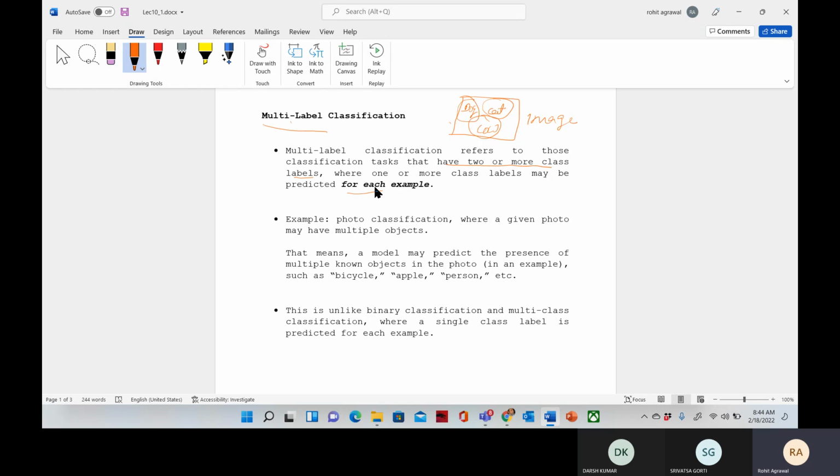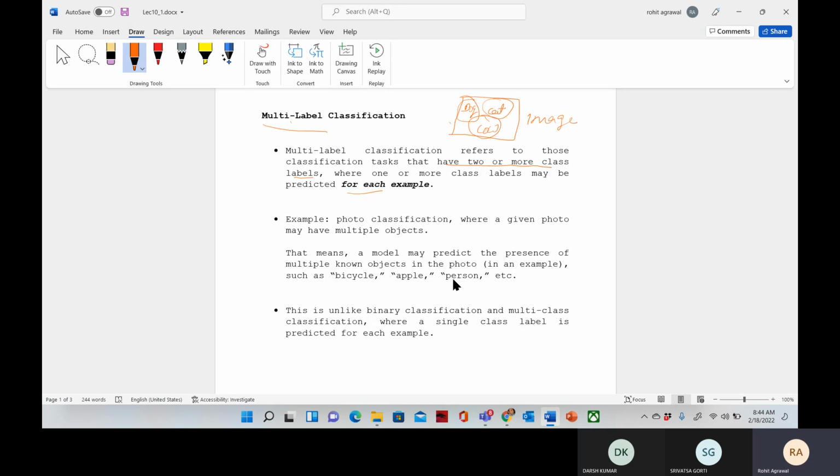On Facebook you have a group image, and Facebook identifies each person and then tags them: this is you, this is you, and this is you. You got my point? Each example has two or more class levels. This is called multi-level classification.